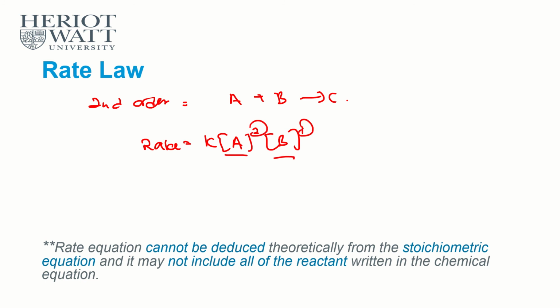Now, how does a second order concentration affect the rate of reaction? If I increase the concentration of A 2 times, what happens to the rate? The rate will be 2 to the power 2. Again, if I increase the concentration of A 3 times, then the rate will be 3 to the power 2.